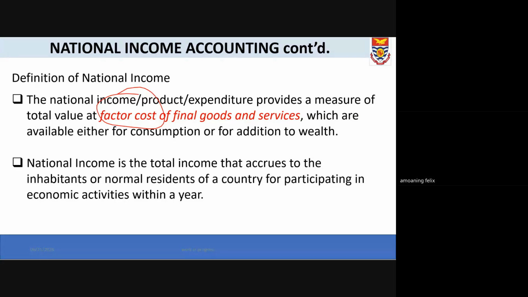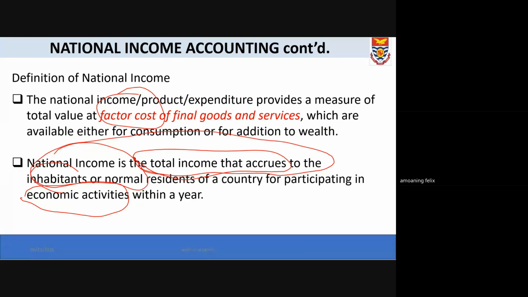So national income is also the total income that accrues to the residents, or the inhabitants, or the normal residents of a country for participating in economic activity. So here, the word is what? Economic activities. The income that goes to the residents of a country.